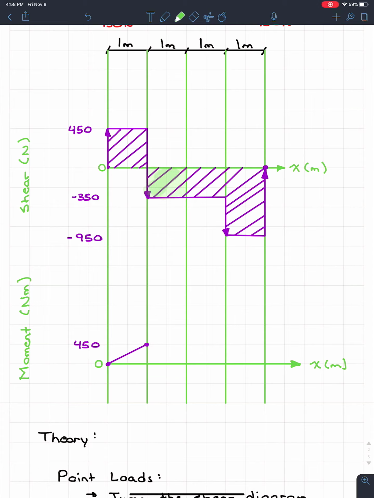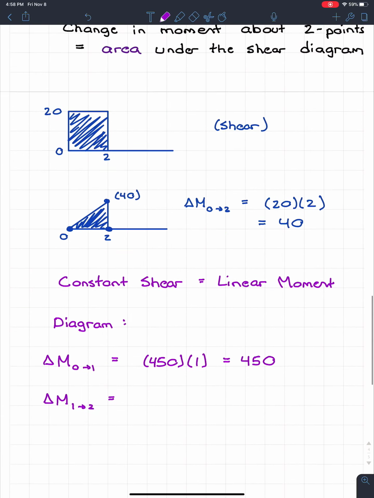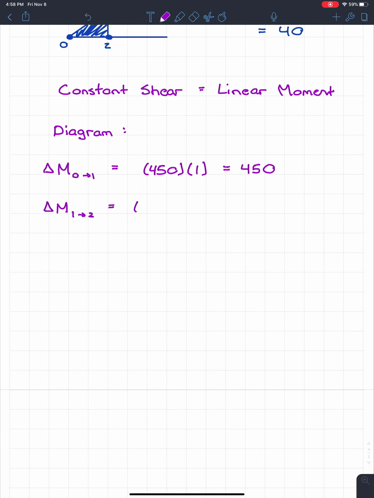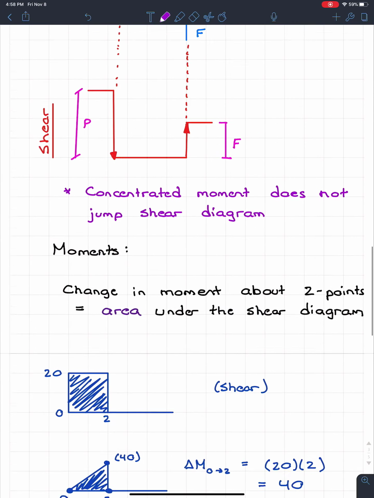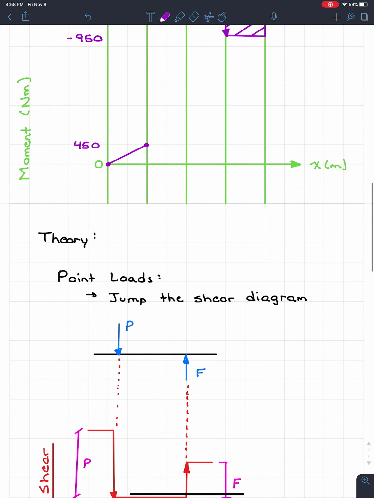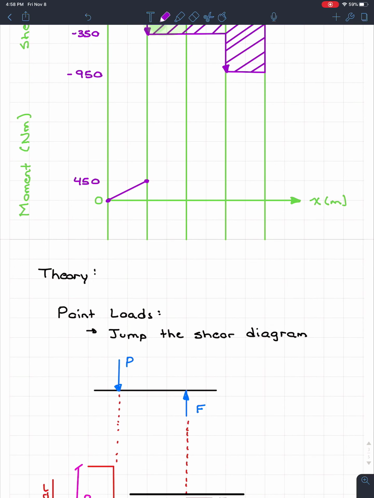We know that that value is negative 350 times 1 meter, so it's equal to negative 350. So if I come up here to my moment diagram, if I'm at 450 and my change there is negative 350, I know that my point's going to end up down here at 100.